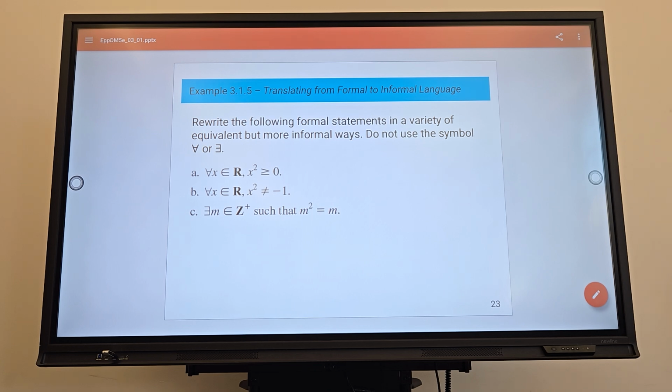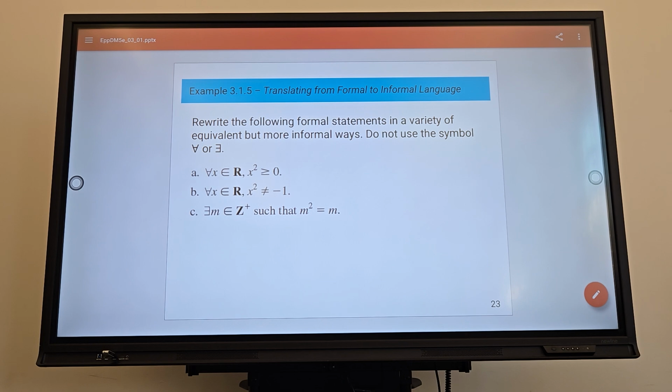Rewrite the following formal statements in a variety of equivalent but more informal ways. Do not use the inverted A or inverted E symbol for that. For every real number x, x squared is greater than or equal to 0.